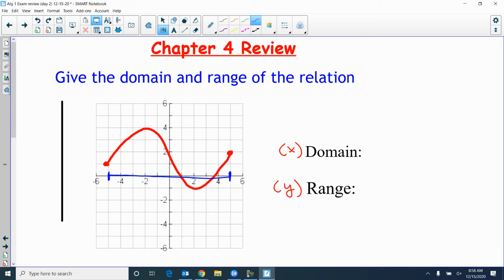Now remember, how do I write that domain? It involves that, but you gotta put a little bit more in there. It's trapped between -5 and 5, so it's -5 is less than or equal to X is less than or equal to 5.